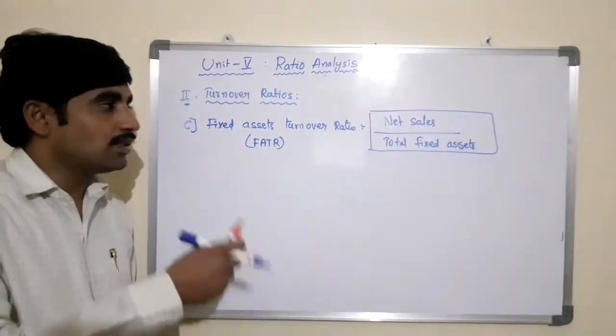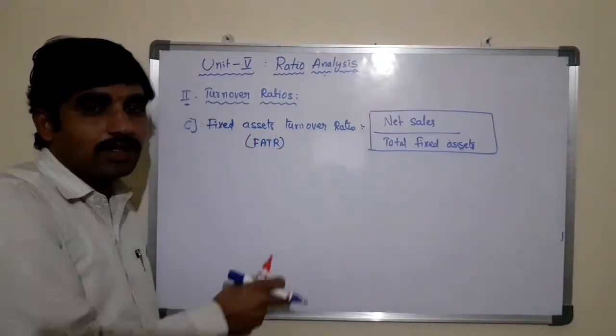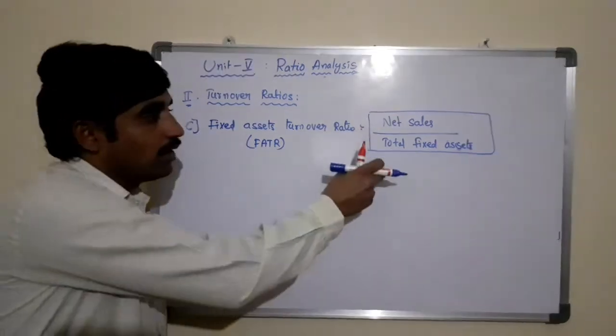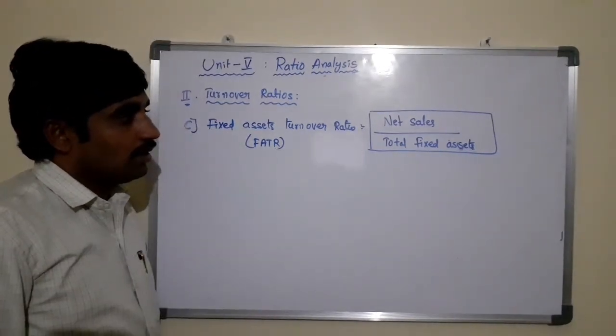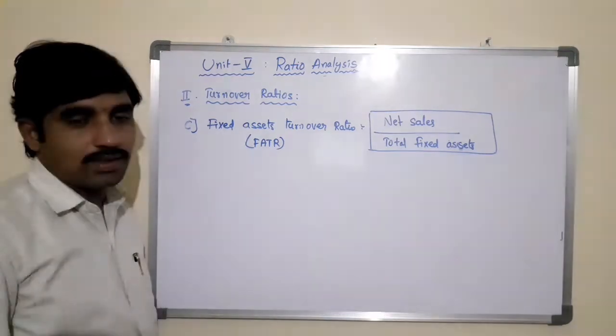So the formula for calculation of this ratio is net sales by total net fixed assets.